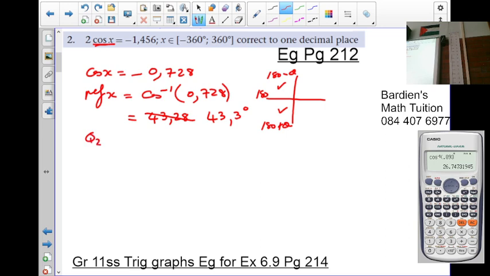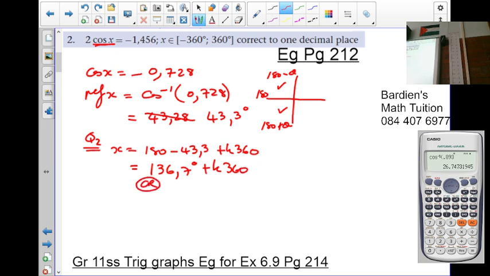Quadrant 2. It will come x is equal to 180 minus 43.3 plus k times 360. Put in your calculators, 180 minus 43.3. 136.7 degrees plus k times 360.